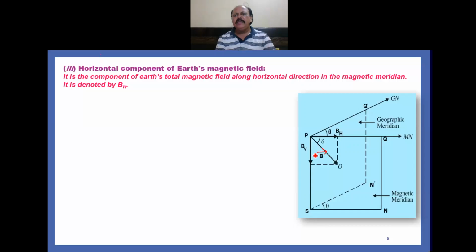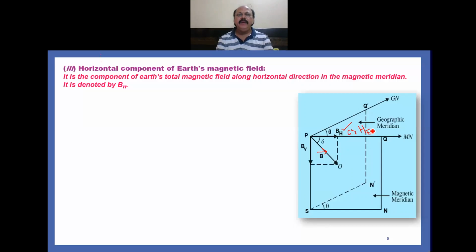When you resolve this total magnetic field intensity into the two rectangular components, one is along the horizontal line of magnetic meridian, that is BH, or you can also see it as HE. In some books it is written as BH and some it is written as HE.